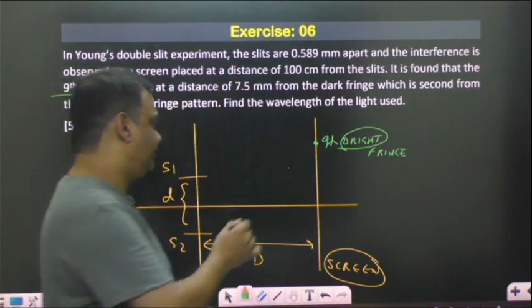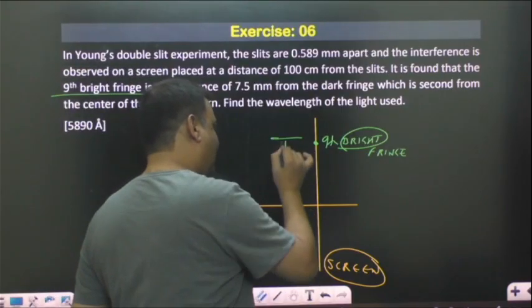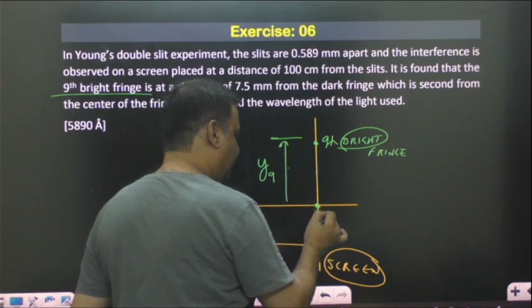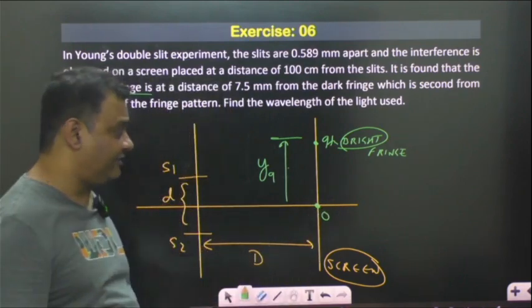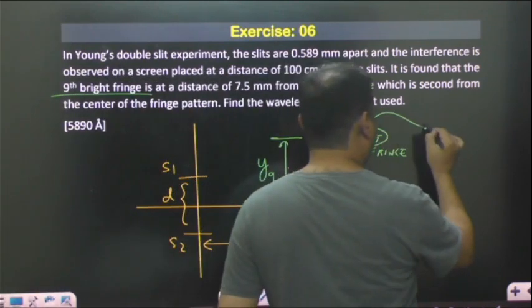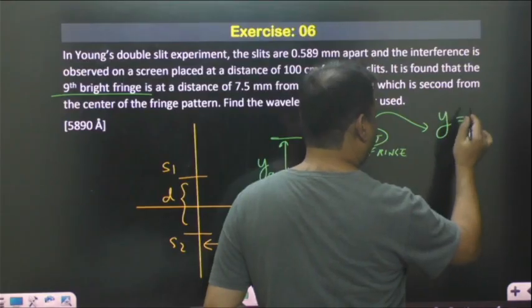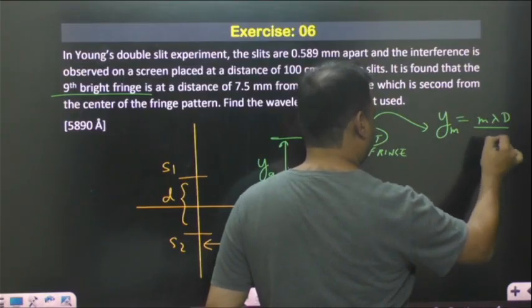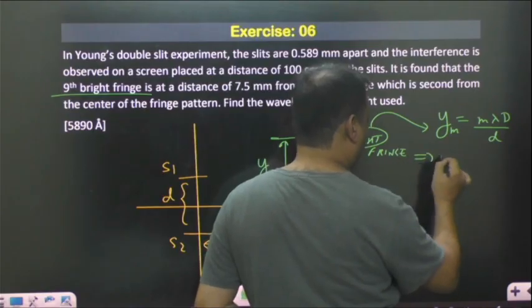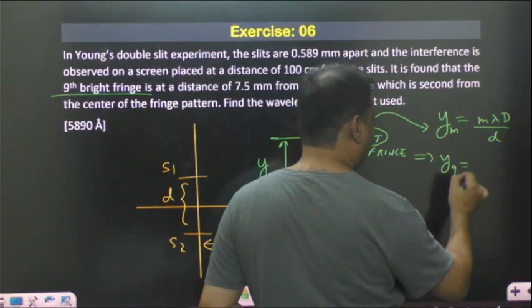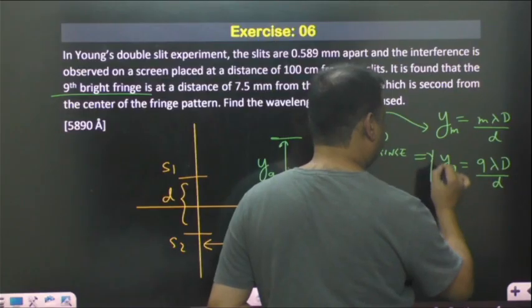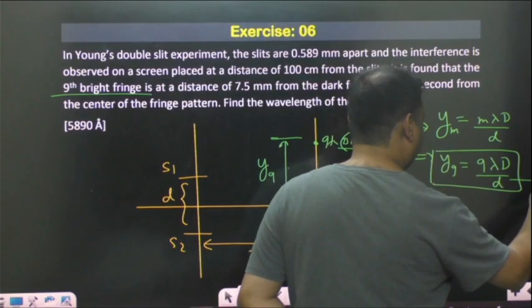So for this, say this has a coordinate or position y9, and this is the center of the screen or the central maxima. So for this, you will put the formula for maxima, that the mth maxima is m lambda capital D by small d. So y9 will be, put m as 9, 9 lambda capital D by small d, isn't it? Okay, let it be equation number 1.